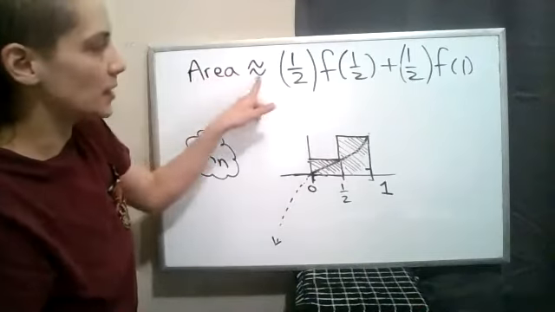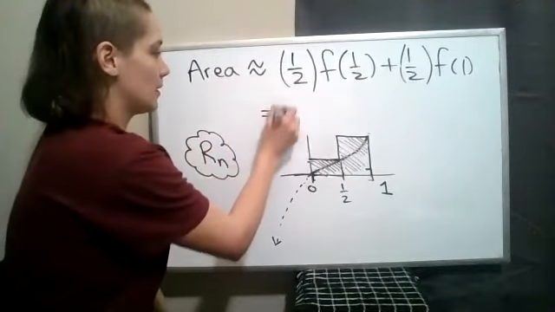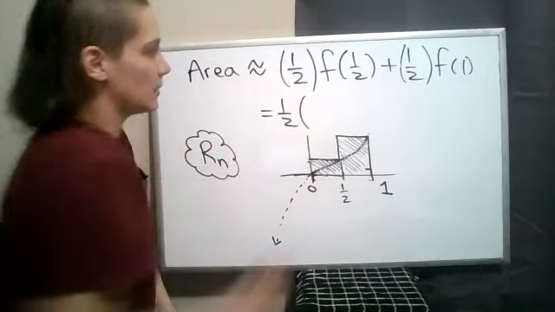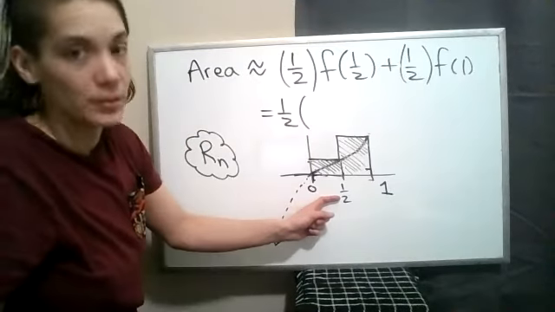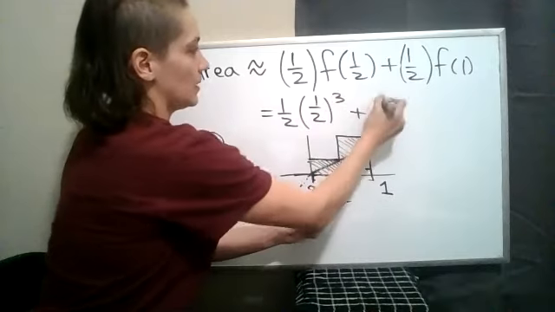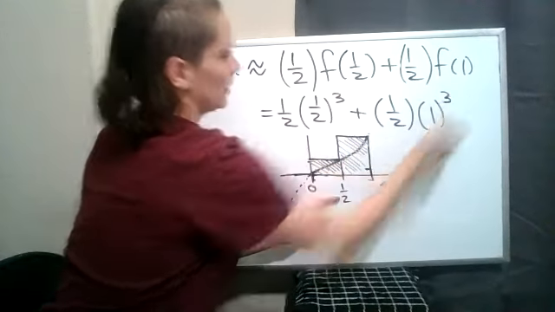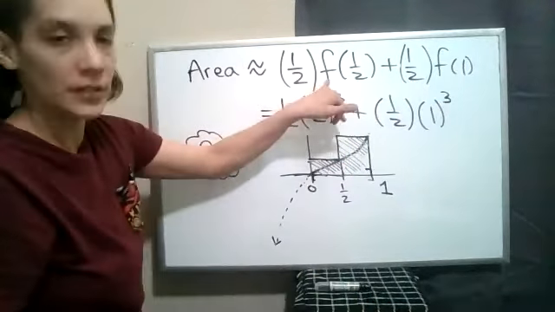Okay, area is approximately this number, when this number would be 1/2 times 1/2 cubed plus 1/2 times 1 cubed. So just put that into your function and then put 1 through the function.